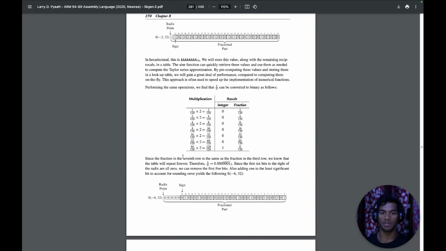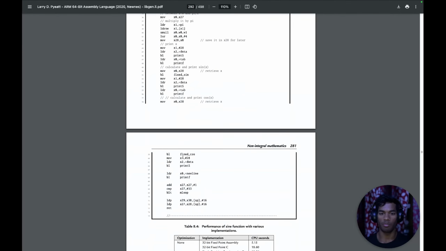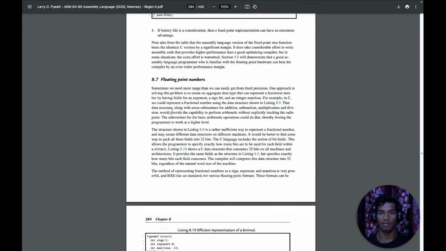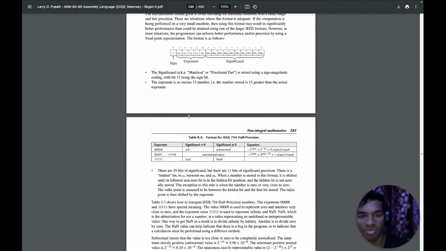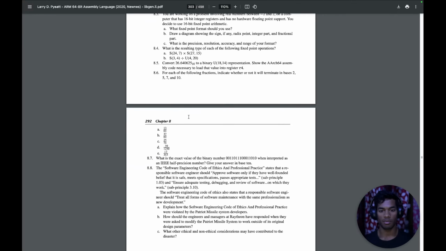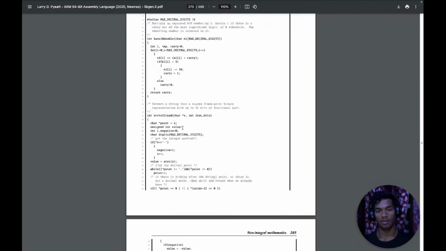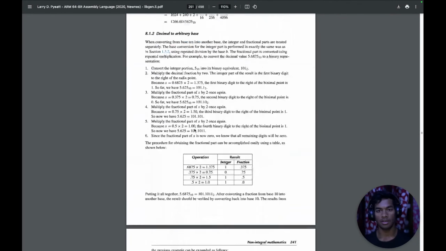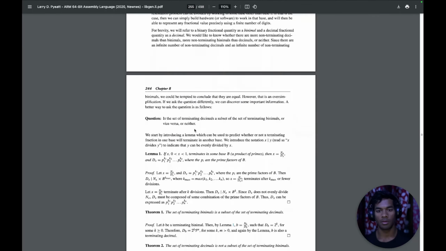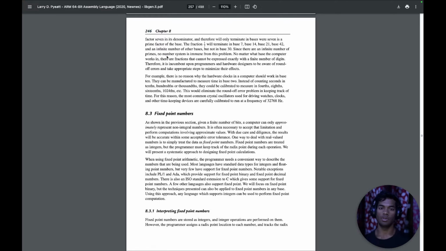That is too crazy. And then we have a big program, and then we have floating point numbers. What is the difference between floating point and fixed point? All of that will be cleared in this chapter, and then we have the chapter summary at page 292. We were at page 240, then 246, and 292. That is good.